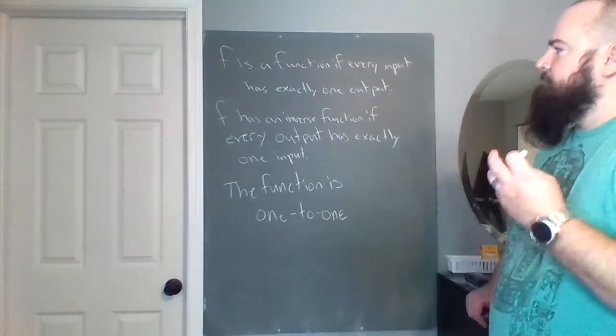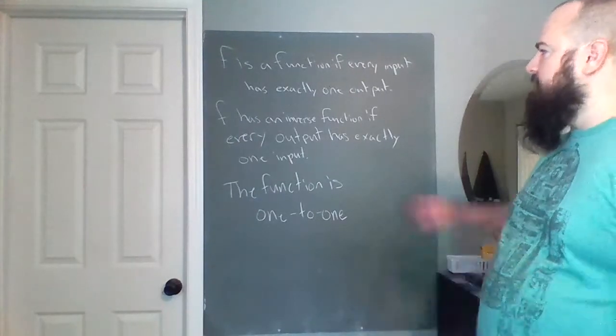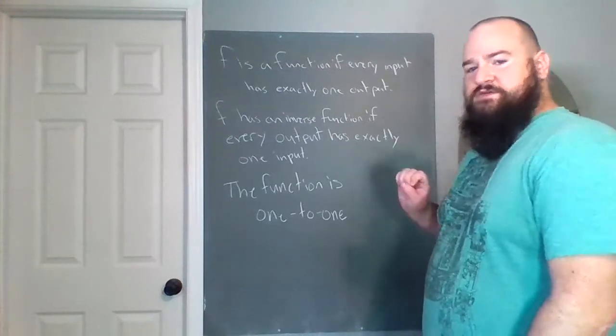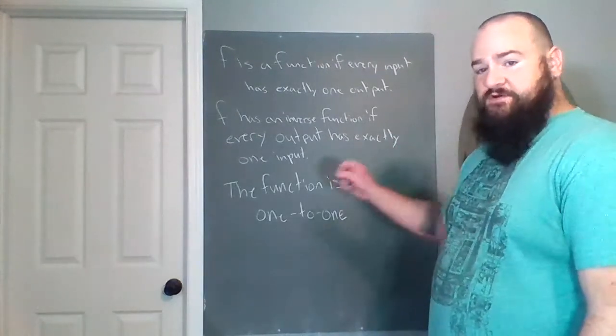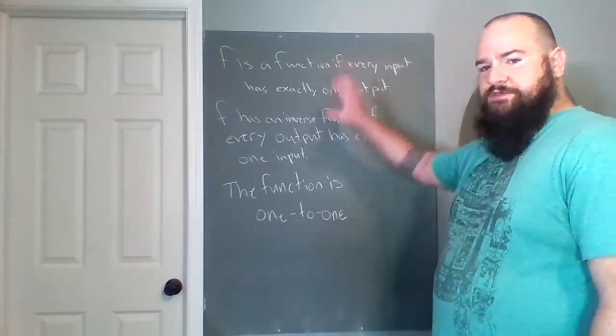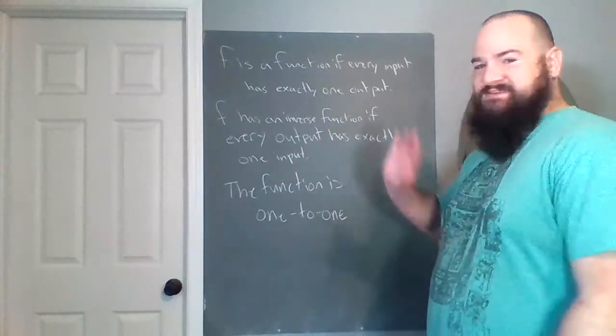Okay? If these conditions are met, our function is 1 to 1. And we have an inverse function. For the rest of this class, we're only going to want to deal with things that are 1 to 1, the rest of this lesson, so the entire class.